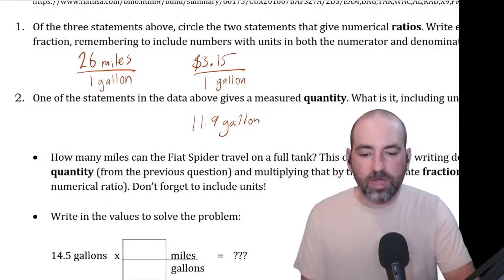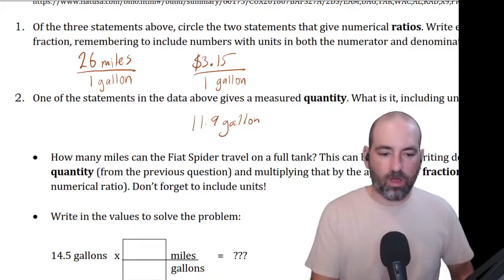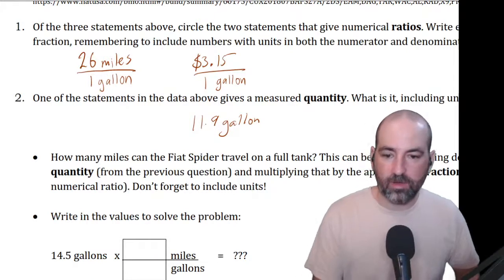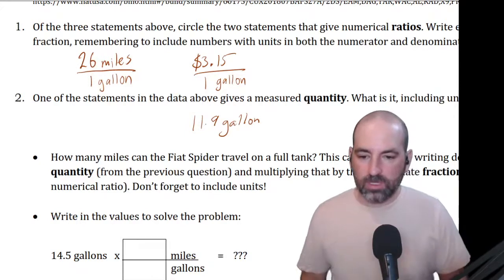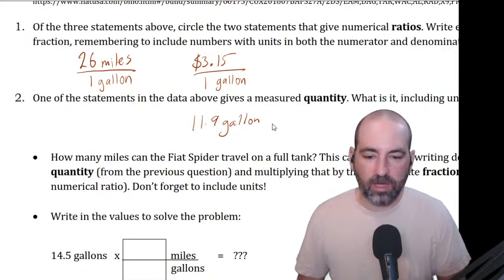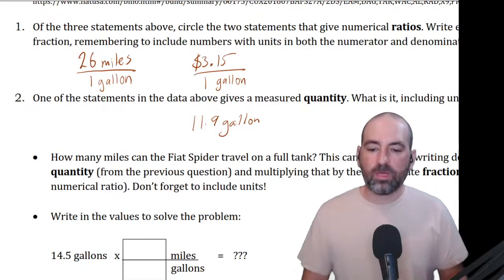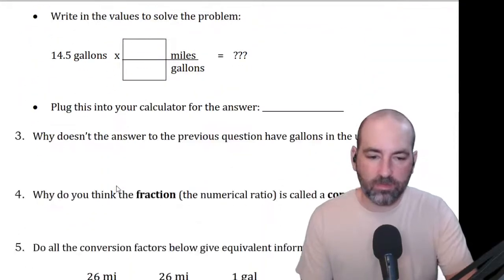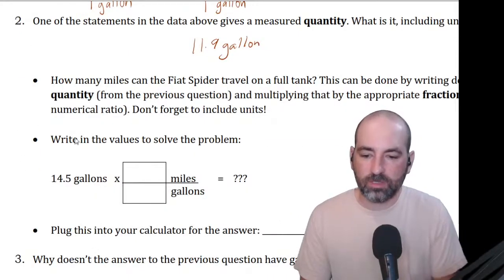Okay, so now we're going to do a problem that is typical of the concepts in this chapter, which is: how many miles can the Fiat Spider travel on a full tank of gas? It's set up for you here. I'll raise this up so you can see it. This number is wrong.